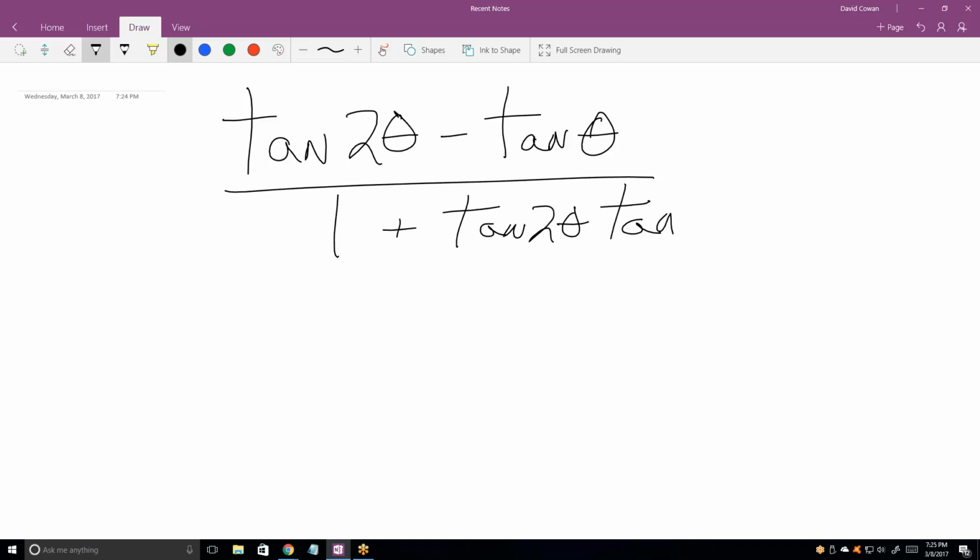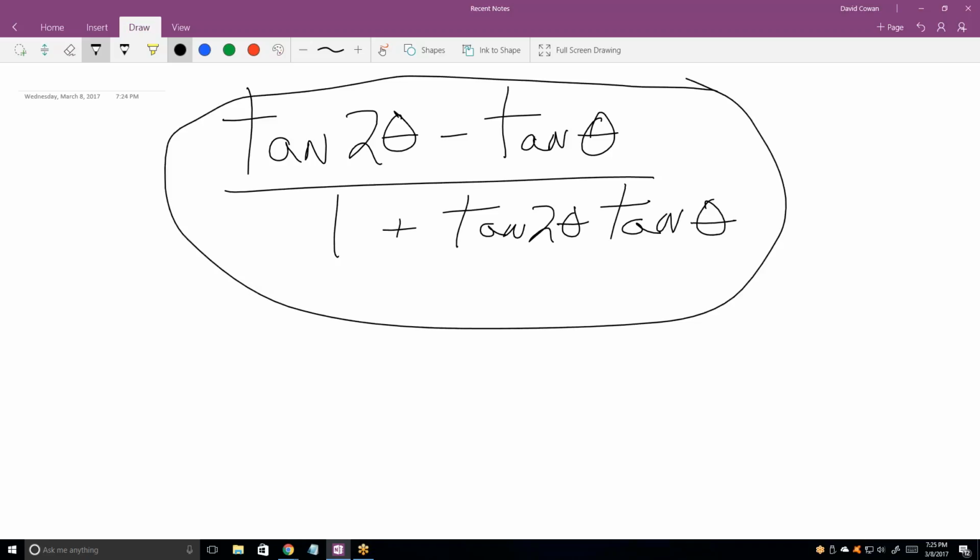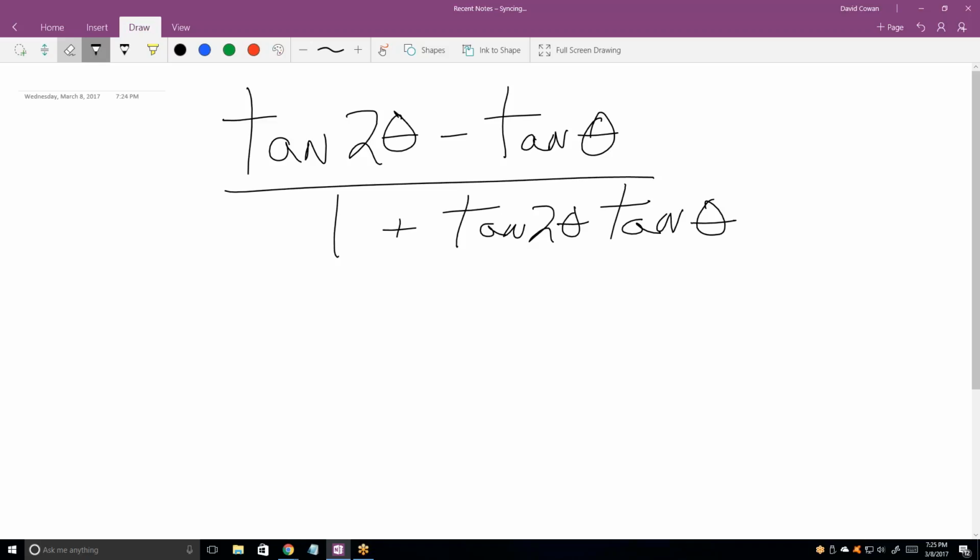What is this going to be? Tan. And when I say that, I mean that's the identity for the sum and difference for tan. That's what you need to recognize.